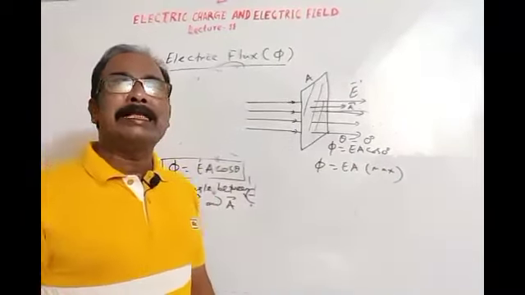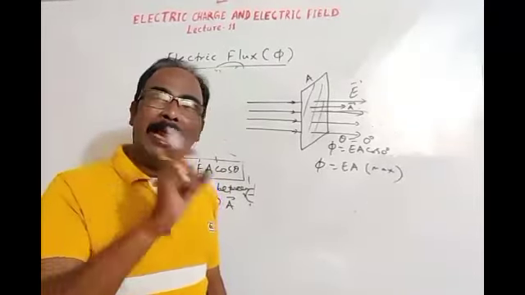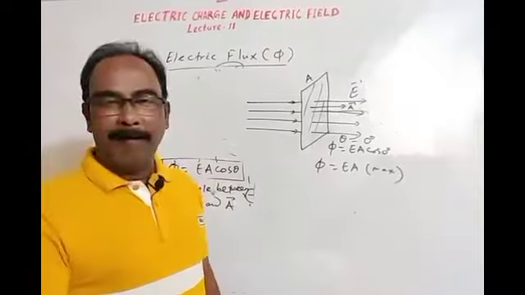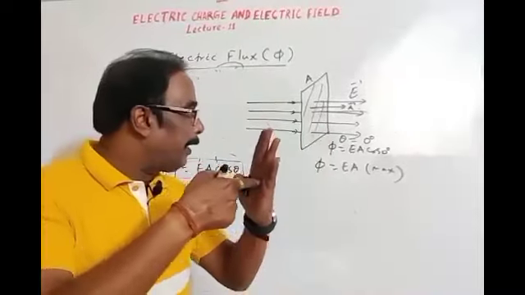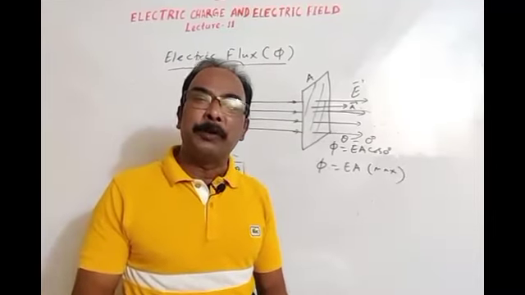So, very important: if the area is held perpendicular to the direction of the electric field, then the angle between the electric field and the area vector is 0 degrees.